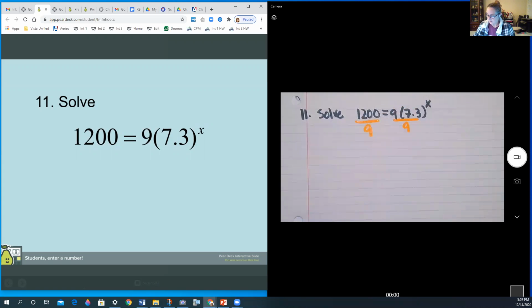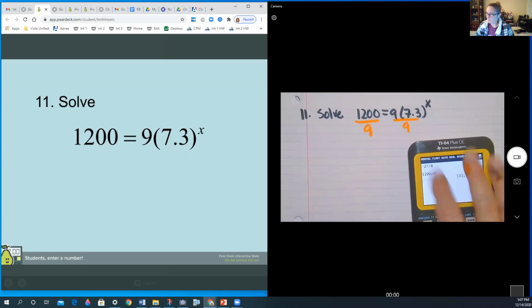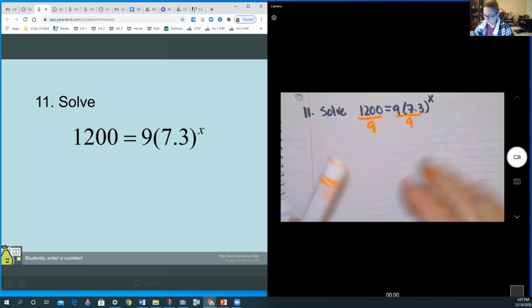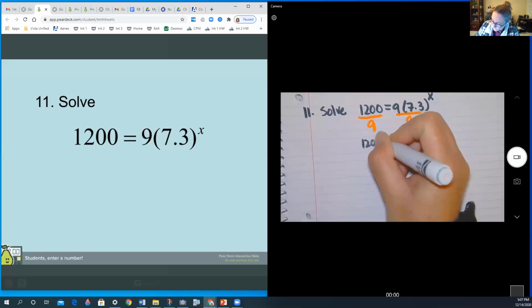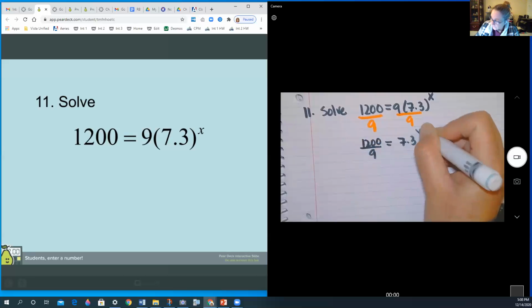1200 divided by 9 is not a nice number, so I'm actually just going to leave that here for right now, and we're going to put it in at the very end. So I get 1200 over 9 is equal to 7.3 to the power x.